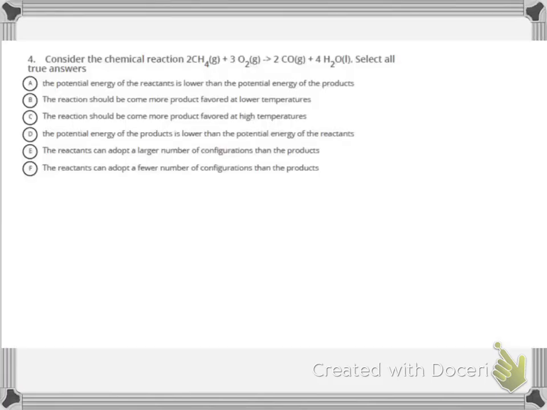This is a problem from the homework set. We're looking at the burning of methane to make CO2 and water, and we're asked some questions about the configurations, the potential energy change, and the temperature effects. To do that, we need to get the sign of the change in potential energy and the change in configuration.